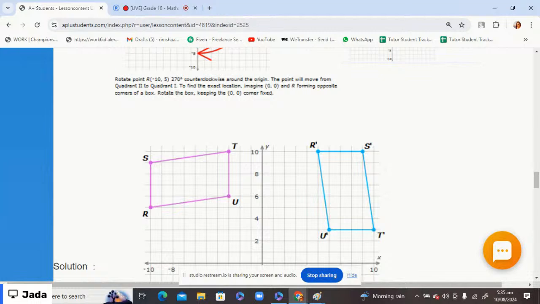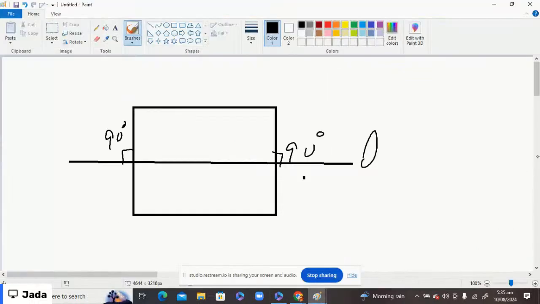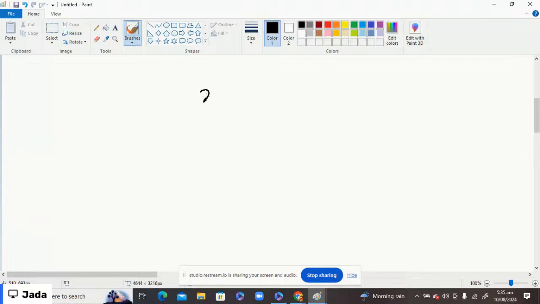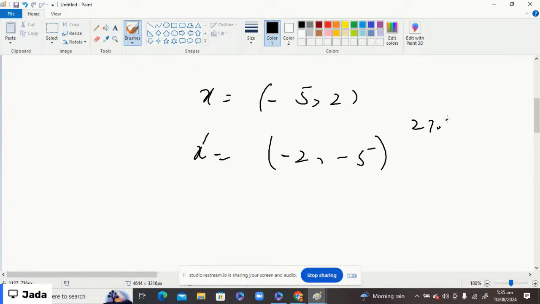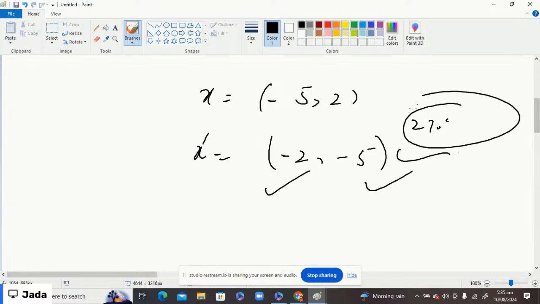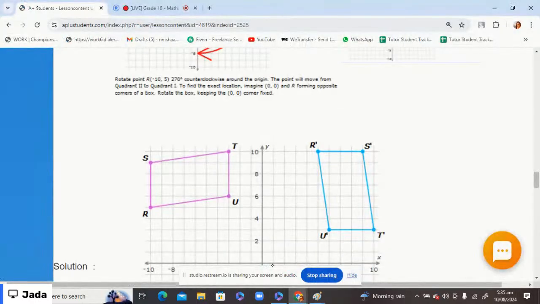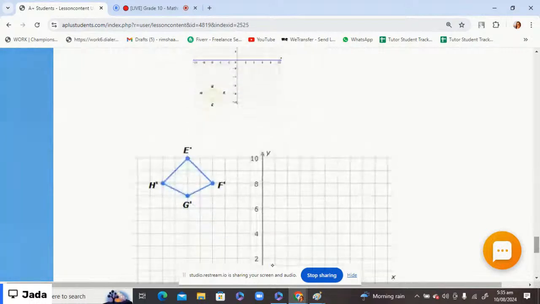For example, if you have a point -5 and 2, after transformation this point will be -2 and -5. This is in the case of 270 degrees. Both have a negative sign, but you also just change the positions. All the rules are available here.